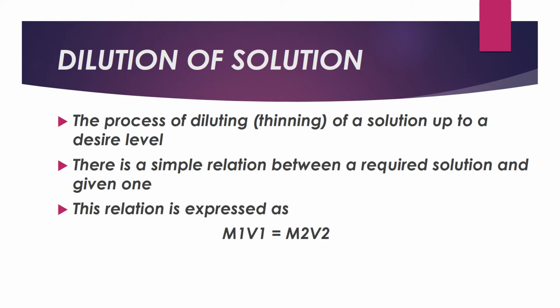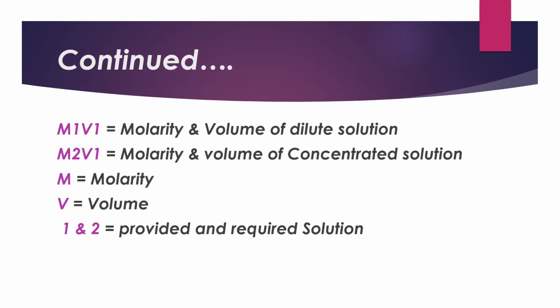You can understand in the next slide. M1V1, molarity and volume of dilute solution, means the required solution, which we are asked to dilute up to this level. That relation with volume and molarity is expressed by M1 and V1. And M2V2 is the molarity and volume of the concentrated solution, the given solution.